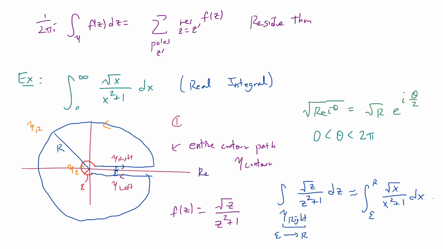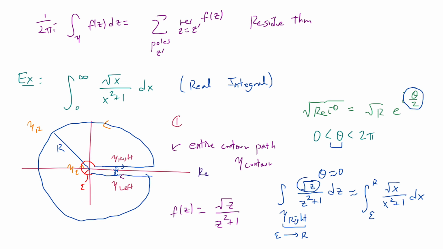And the key thing I'm using here is that when I'm looking at points in the first quadrant, the values on gamma right, the angle theta is around 0, so you get just the usual real square root of x.